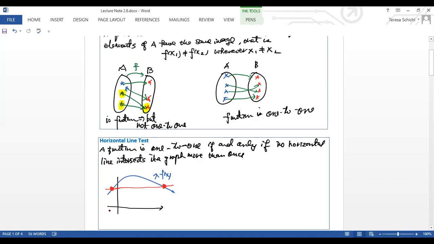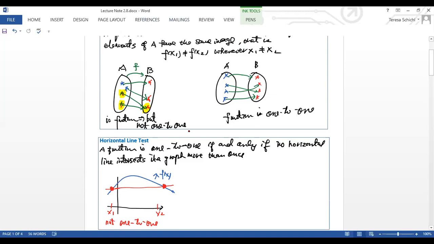Maybe this one is x1 and this one is x2, so both f of x1 and f of x2 give you the same value. That's why this is not one-to-one. This is how you use the graph to check it.